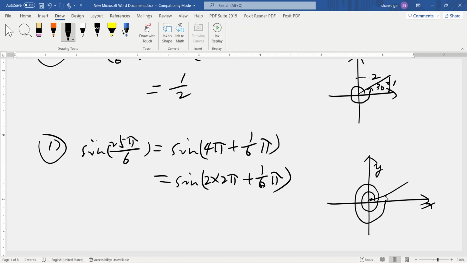Totally, this angle is huge, 25 pi over 6. Reference angle is here, 1 over 6. 1 over 6 pi is equal to 180 divided by 6, which is 30 degree. So here 1, here 2. So it is 1 over 2.